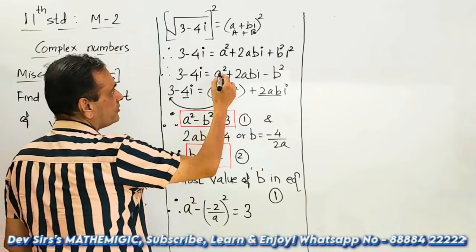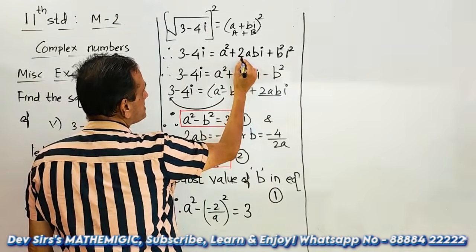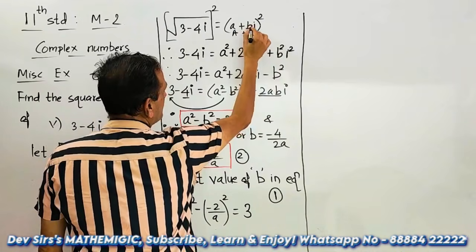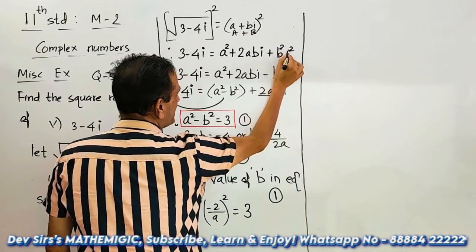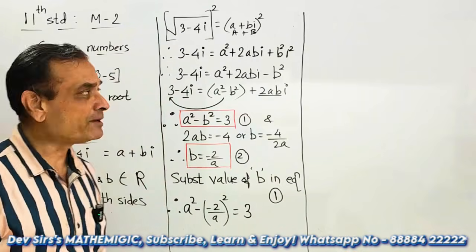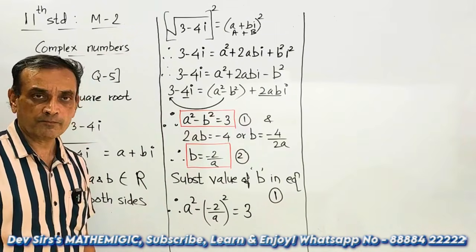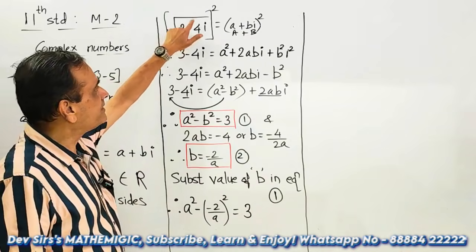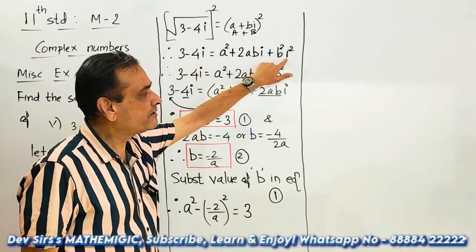So look here carefully: a squared plus 2a into bi plus bi squared, b squared i squared. That is the formula, a squared plus 2ab plus b squared. Clear? So on the left hand side the square root sign goes, on the right hand side we get all this.